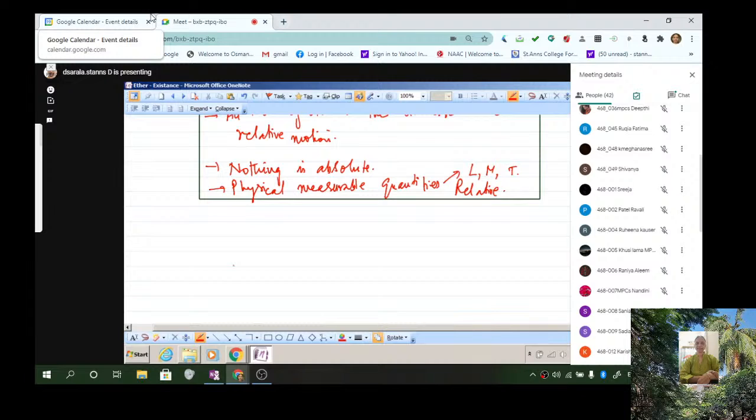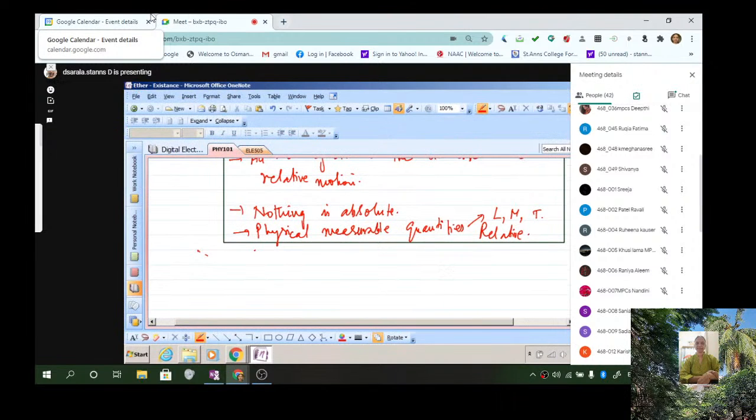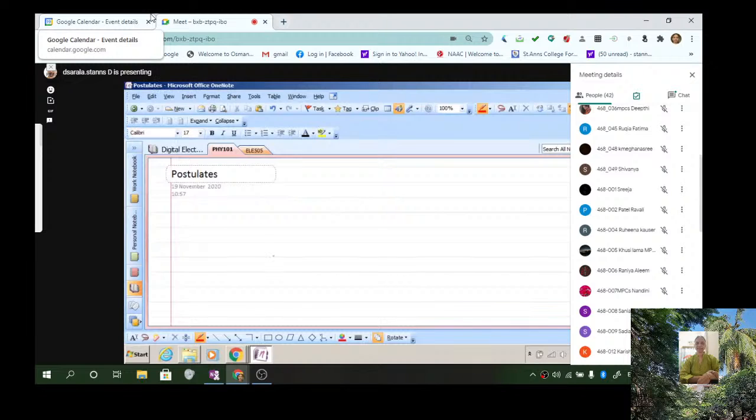Therefore, now let us consider what is known as the different postulates of special theory. There are two postulates put forward by the theory known as special theory of relativity.